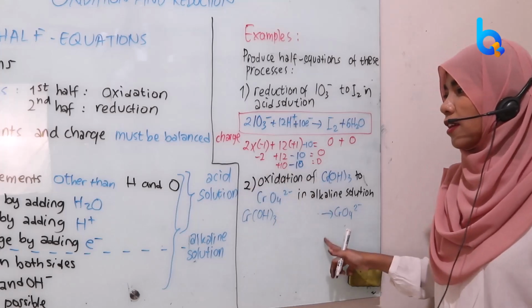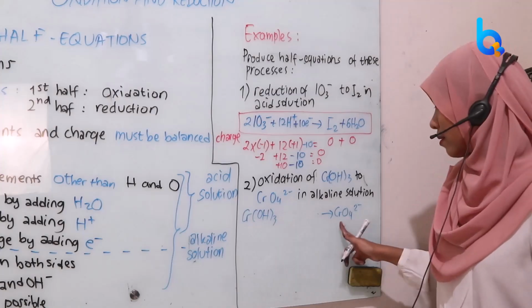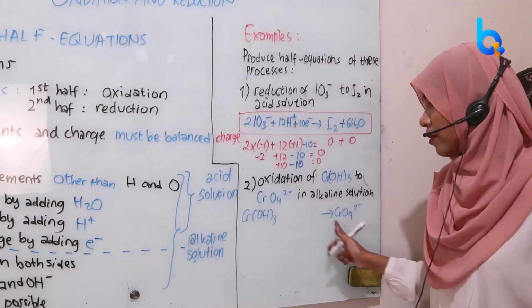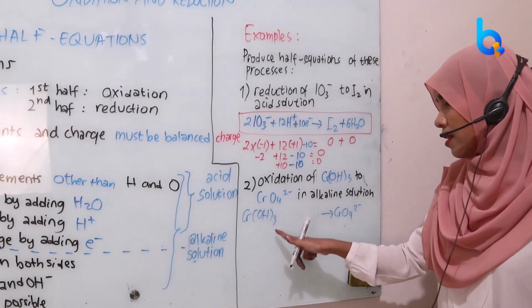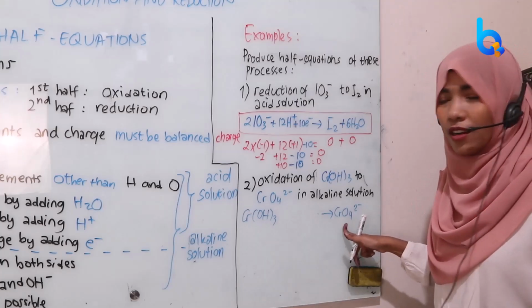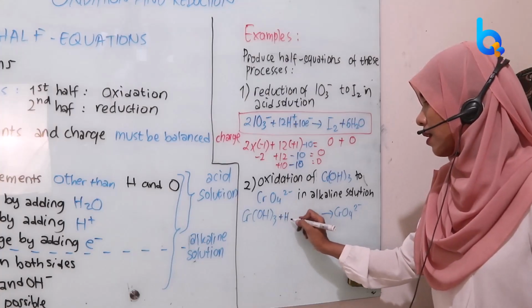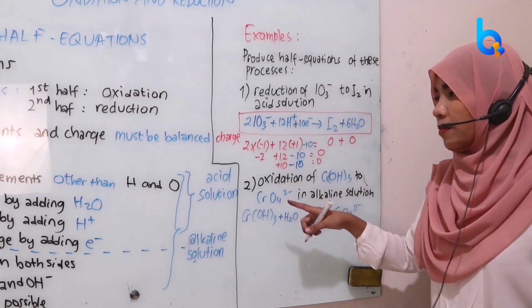Okay, let's do the first step. Balance all elements other than H and O, which means Cr, the chromium here is already balanced. On the right side there is 1 chromium, on the left side also 1 chromium. Next, balance the oxygen. Here we have 3 oxygen, here we have 4, so on this side we need 1 more oxygen, so we just add H2O. And then third step, balance hydrogen.